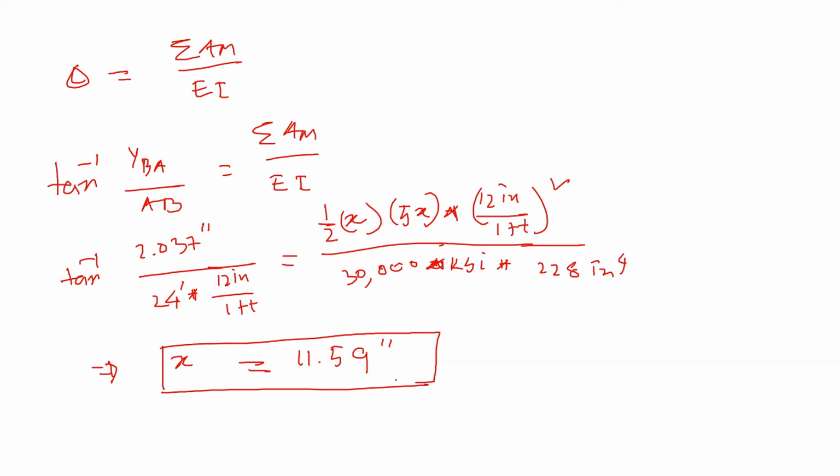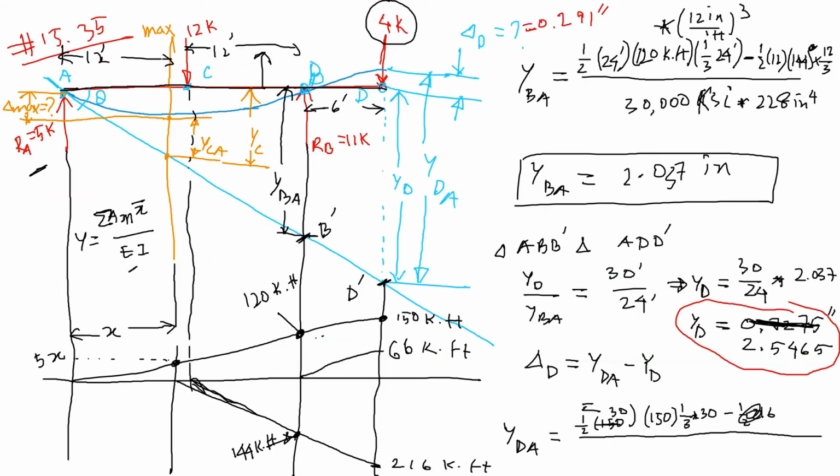So 11.59 inches, so we calculated this distance between A and that max point. Now all we have to do is calculate YCA using the second area moment equation, and also YC.